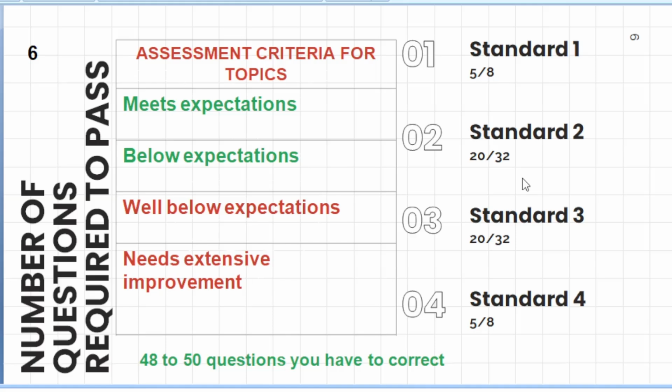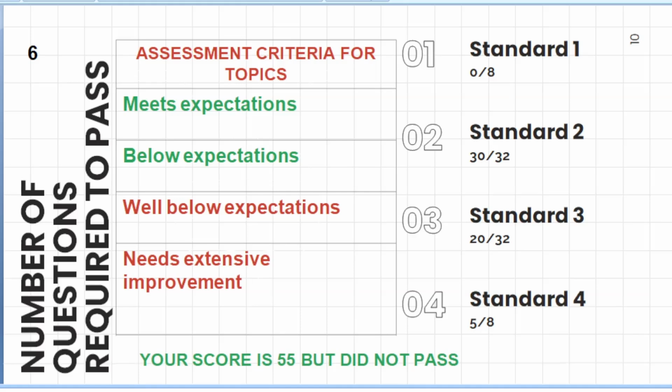Now in case your standard number 1 has a 0 score, however standard 2 has 30 answers correct, standard 3 has 20 answers, and standard 4 has 5 answers. So according to this, your total score is 55.